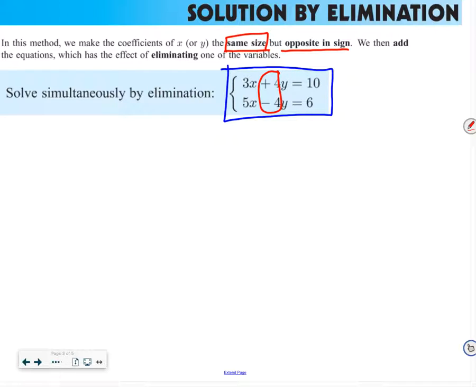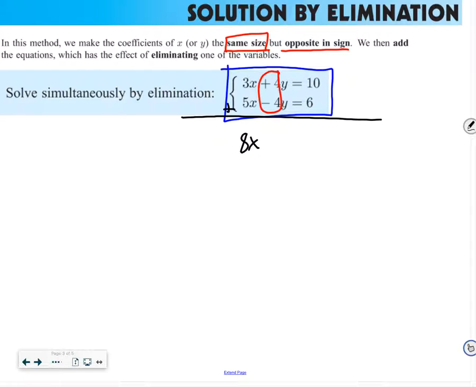One's positive, one negative. So what we are able to do with elimination is when they're in this format, we can add them up vertically and eliminate those values, because if we add opposite numbers, they eliminate. Okay, so if we add these two equations up, I do 3x plus 5x is 8x.